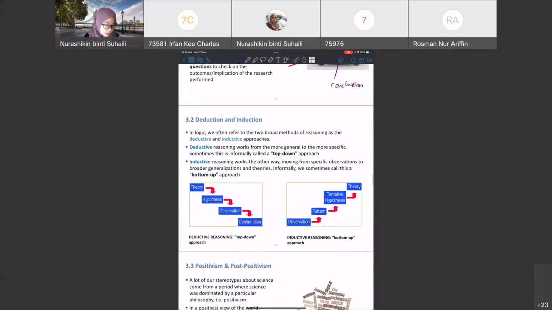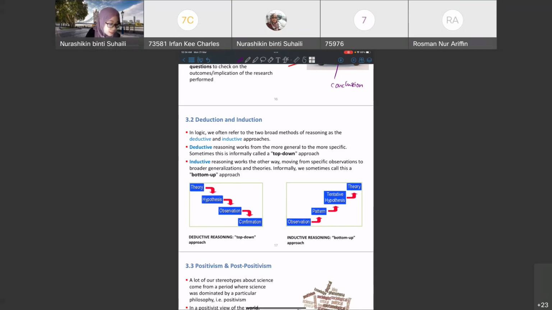Okay, so in research also there are two types of approaches, deduction and induction. So what's the difference? Deduction is when you start with a theory, a theory that might have been claimed by other researchers or scientists, and maybe you want to confirm, check, or investigate more.